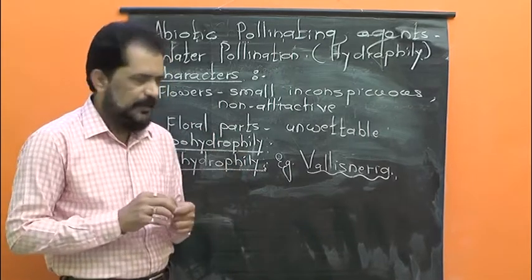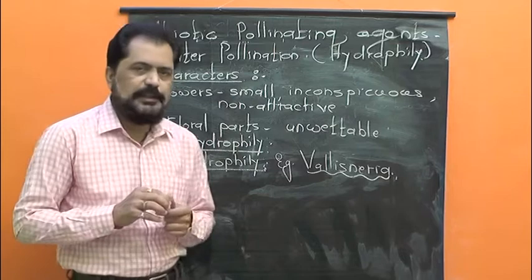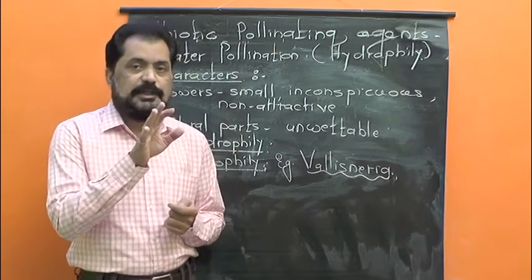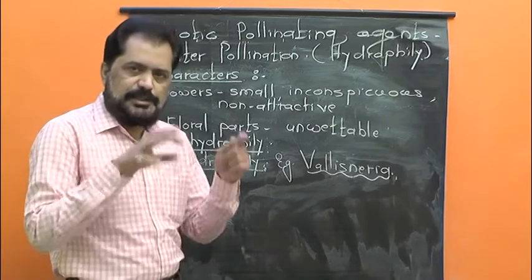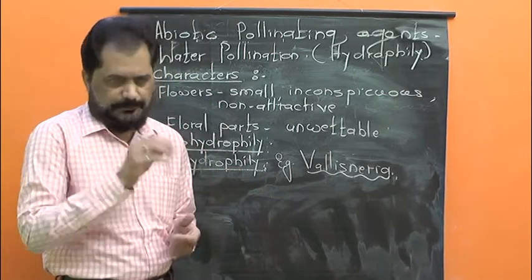Zostera marina, in which hypohydrophily is seen, is a marine plant. Here the Vallisneria is a submerged but freshwater plant.